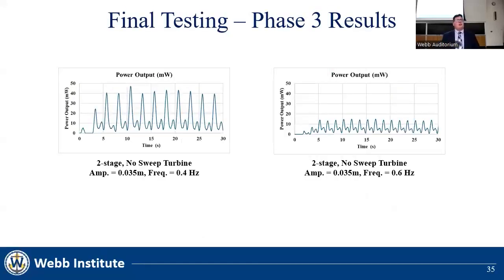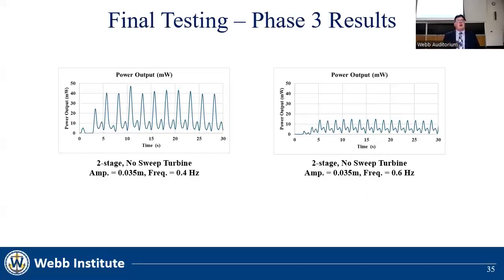The second set of results from phase 3 testing highlights the differences in performance at different wave frequencies. Once again, each graph displays the power output in milliwatts on the y-axis, plotted against the time of turbine operation in seconds on the x-axis. Both graphs shown are for the 2-stage no-sweep turbine. The left graph is for a wave amplitude of 0.035 meters and a frequency of 0.4 Hz. The right graph is for a wave amplitude of 0.035 meters and a frequency of 0.6 Hz.